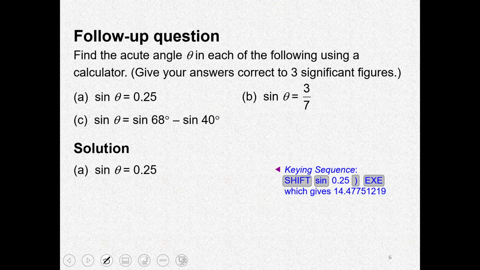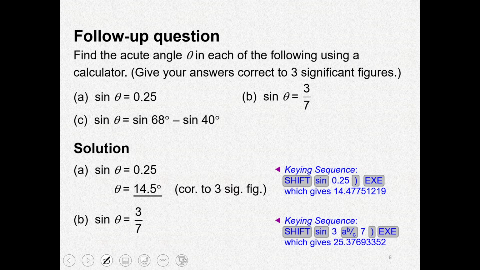For part A, I can follow the keying sequence on the right hand side. Shift button and sine button, and then 0.25 and then close brackets and then EXE, and then you can get the answer 14.5.